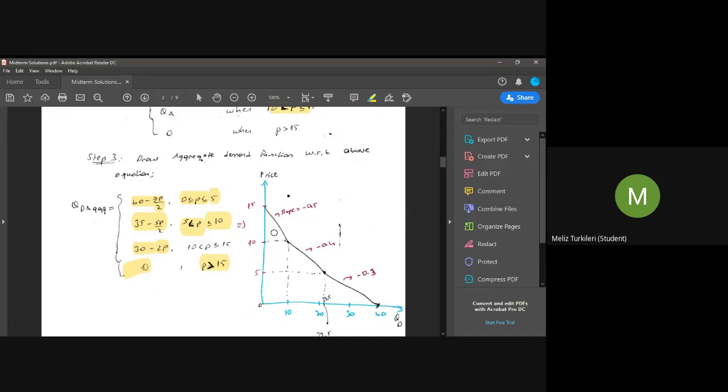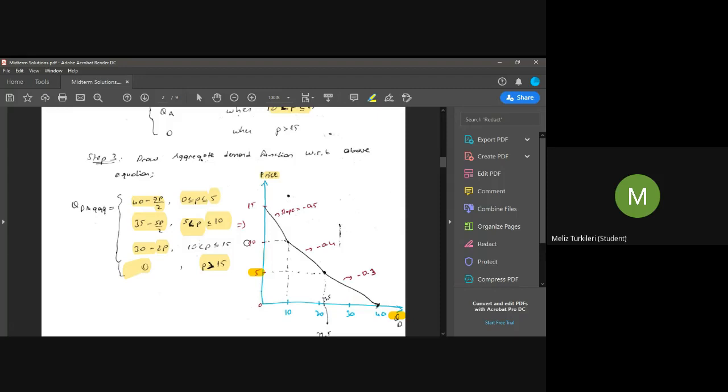We should draw this graph step by step. And first of all, I write the price on this vertical axis, and the quantity demanded on the x-axis. And I know that we have some important price levels. For example, I know that when the price is higher than 5, our aggregate demand function will change.